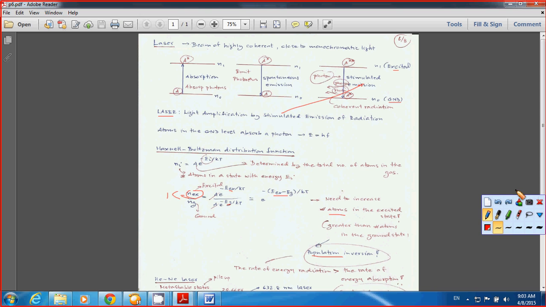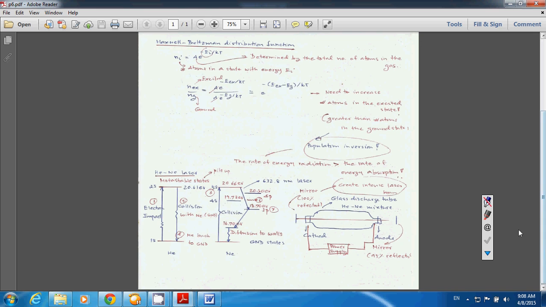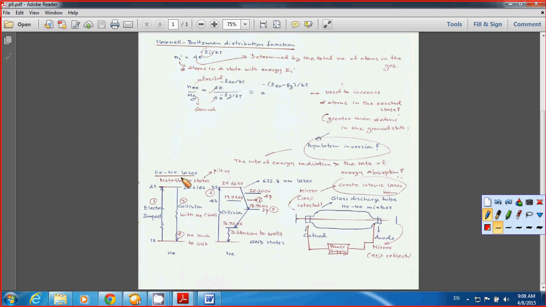So how do you get the population inversion, or how do you get the number of atoms in the excited state to be more than the number of atoms in the ground state? One technique is what we call the helium neon laser. This is the helium, this is the neon energy band diagram.